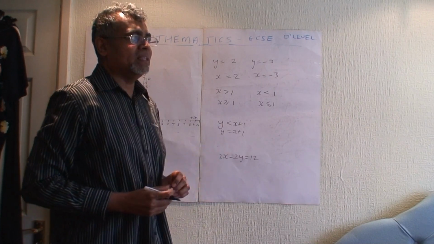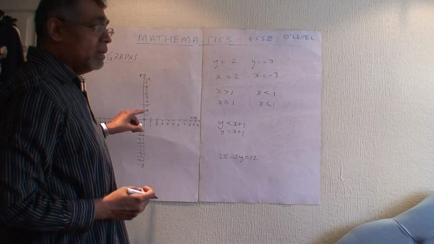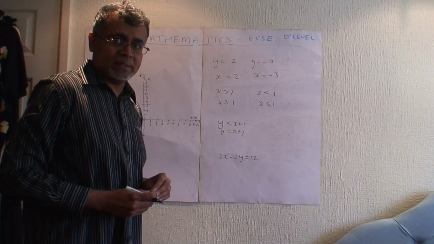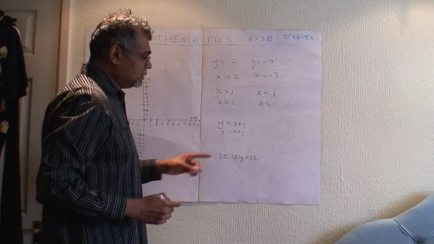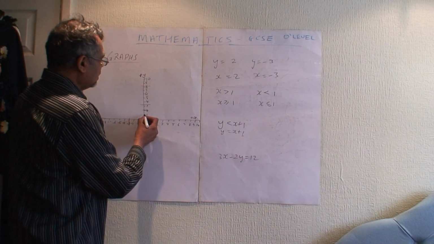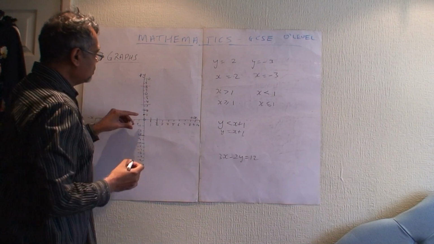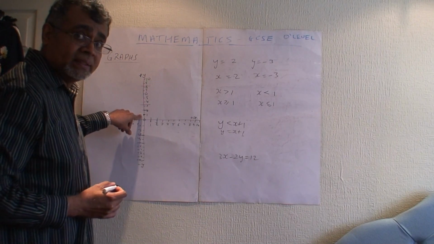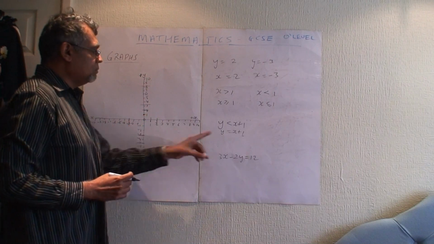Now the y-intercept is the value where the line cuts through the y-axis. That's the y-intercept, so it's telling us it's a positive 1. The 1 is right here. So we know the line is going to intercept the y-axis at positive 1.